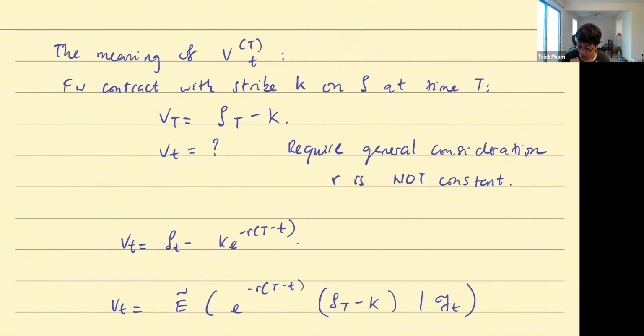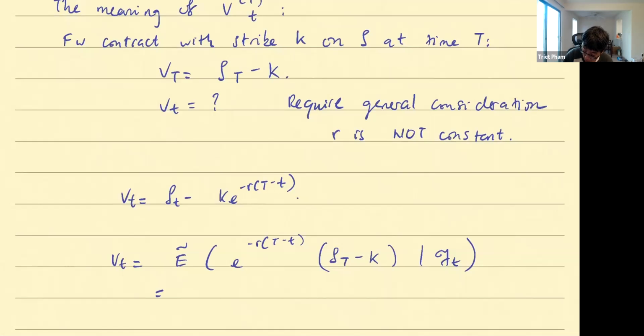Is this, right? Well, then is this. So here I did use the fact that r is a constant, so I did not obey this, but that's fine for now.